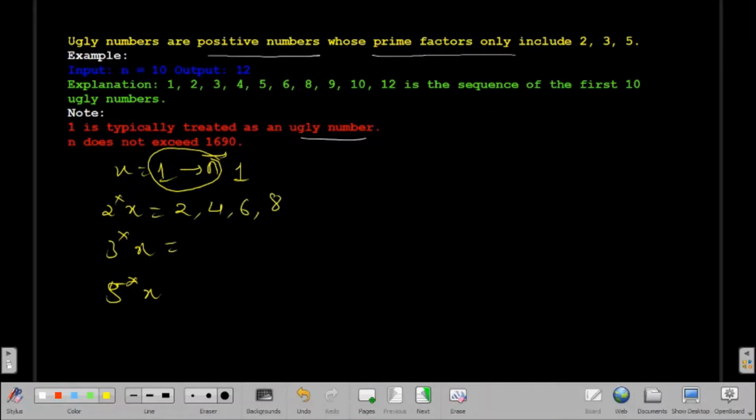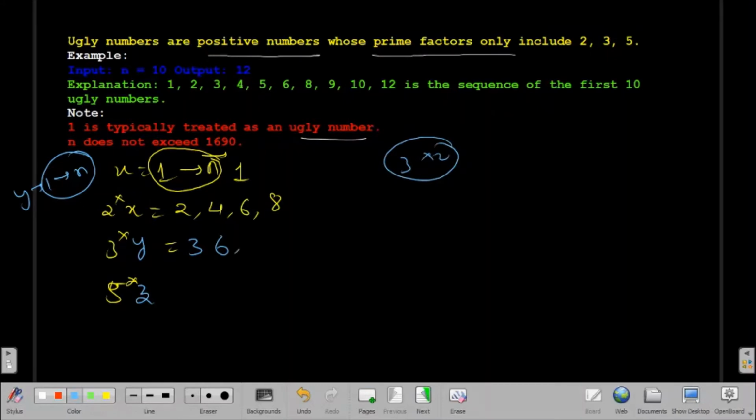In the same way, here we'll take a different variable so that we understand properly. Let's write y here, and let's write z here. So again, for y also 1 to n, all ugly numbers only, not different numbers. So for y equals 1 it is 3, and the next number will be 3 2s are 6, because 3 and 2 both are ugly numbers.